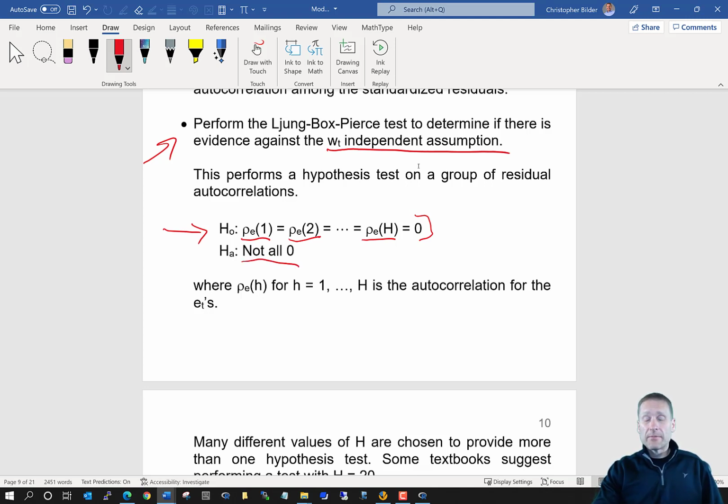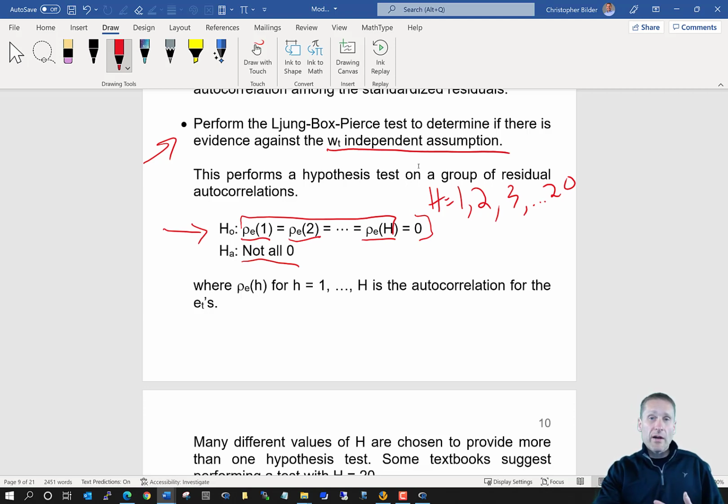And so what this test ends up doing is, for a large number of lags, and very often the way that this is actually implemented, you might try, let's say, H equal 1, H equal 2, H equal 3, all the way up to, it's customary to go up to about 20.